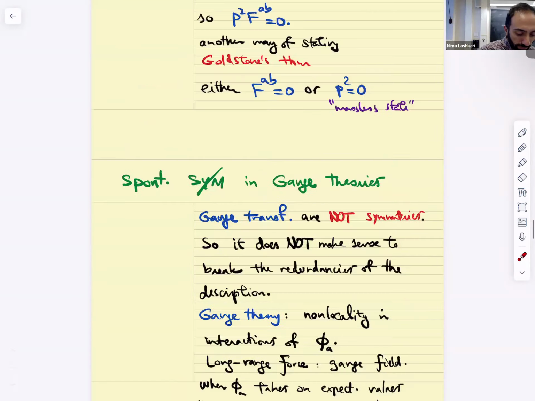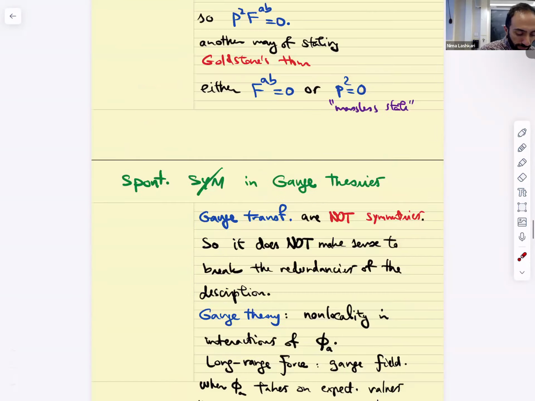What is happening physically is the following. Gauge theory is some deep form of non-locality in the interactions of the charged particles, the phi a's. Because we insisted on a local description, we introduced the gauge field. The gauge field was a long-range force that we introduced. It was massless, so that we can describe everything in local terminology.